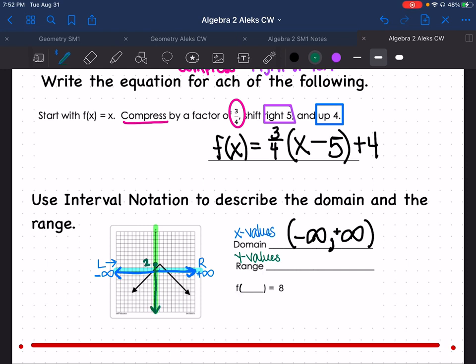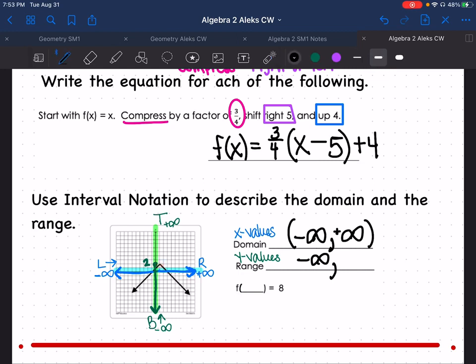I just have to remember how I read this graph. Now remember, when we read the y-axis, we read it from the bottom, which happens to be where our negative infinity is, up to the top, which happens to be where our positive infinity is at. So if I start reading this graph from the bottom, I would start at negative infinity, comma, and then it would end right here at the vertex of 2.